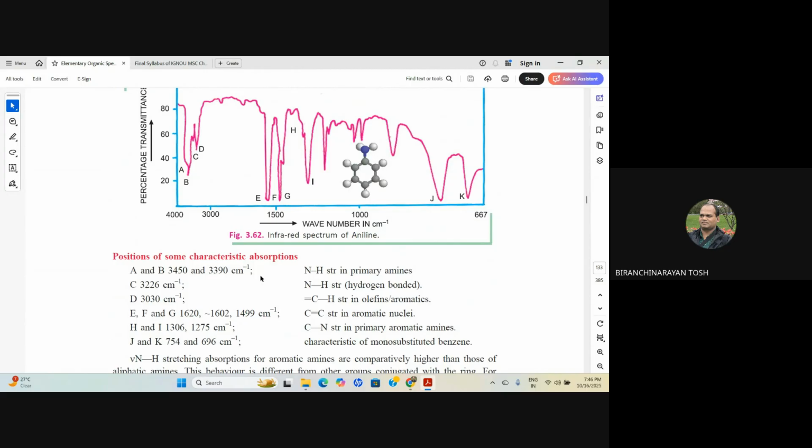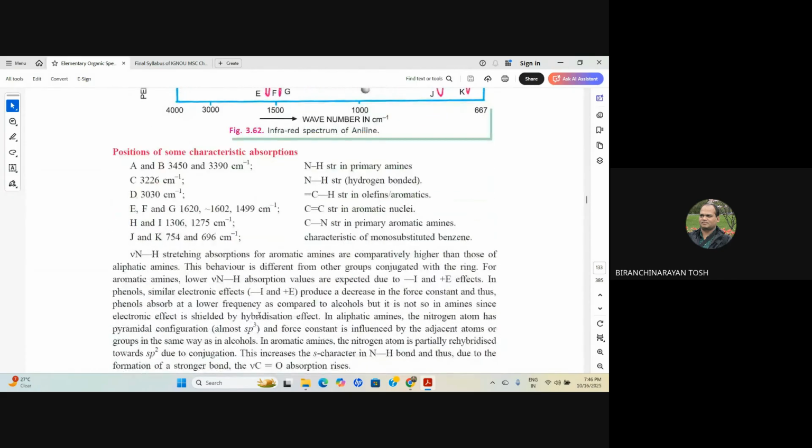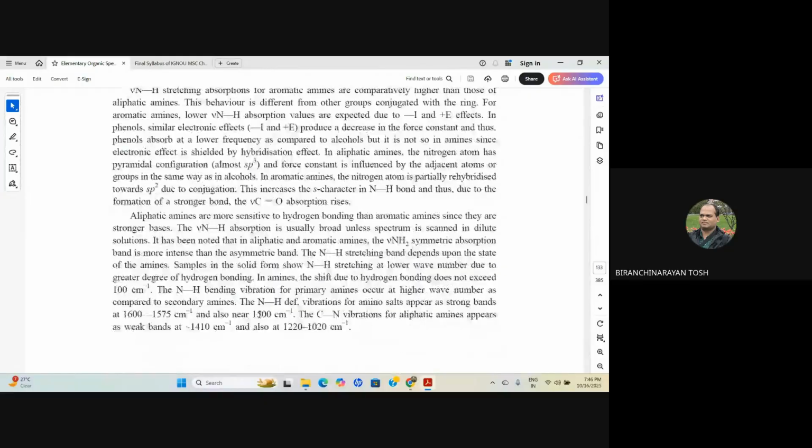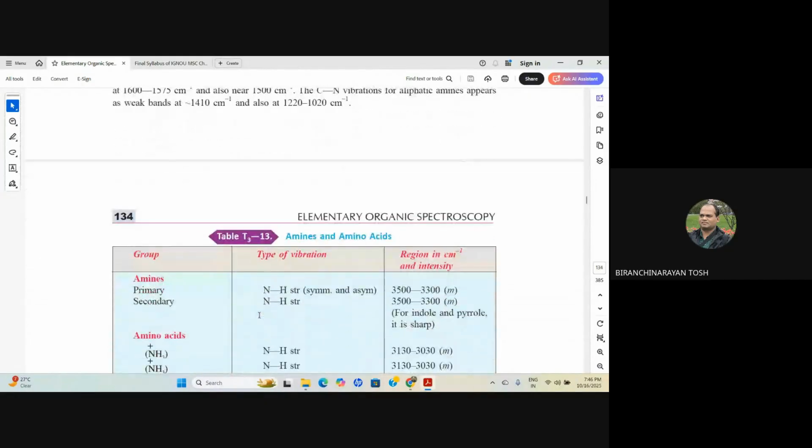In some cases, if a less electronegative or +I effect group is there, then 1700 will reduce to 1680 or so. So they may come together. In that case, there may be confusion, but you should know the probable functional groups.